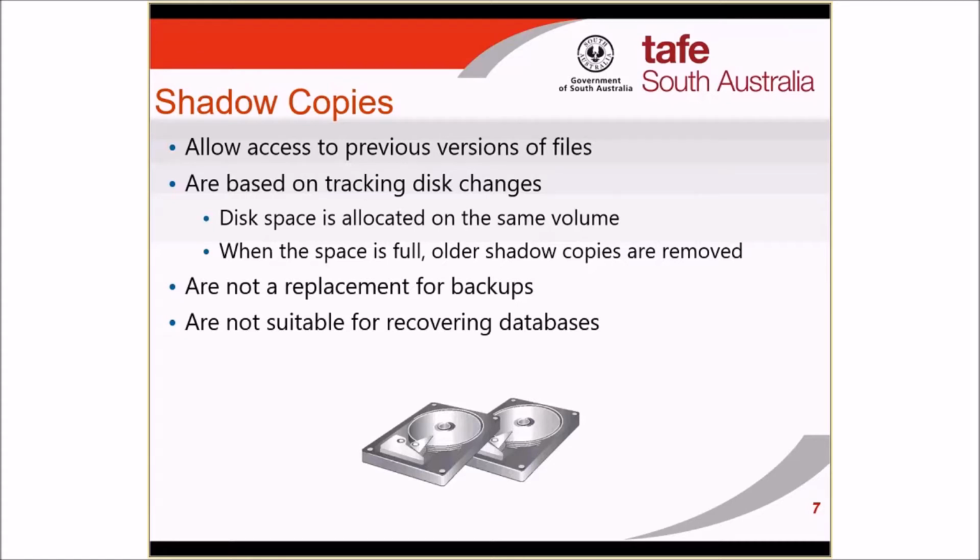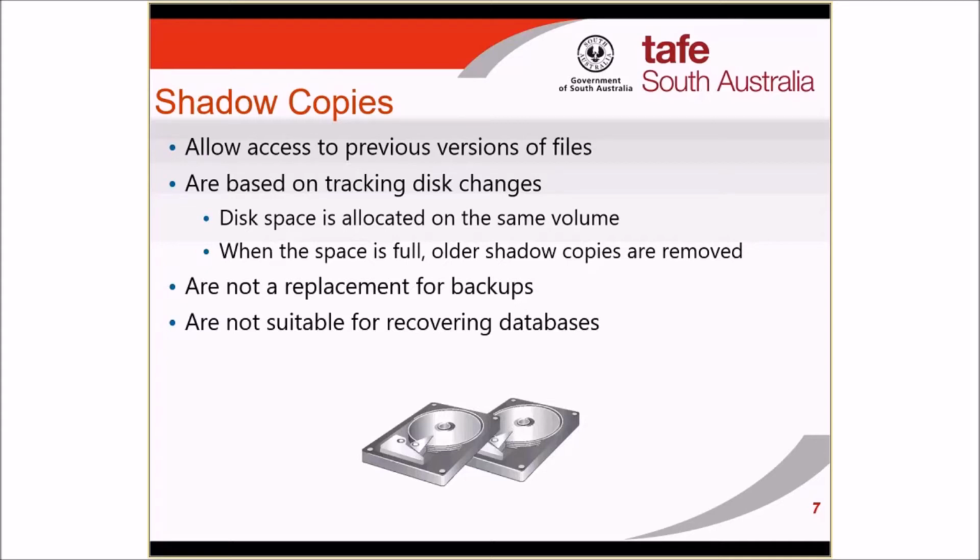So what shadow copy allows us to do, assuming that the shadow copy actually ran between when you had the original file and when you made your changes, is that it actually sort of backs up those files and it tracks changes, which means that I can actually restore a previous version even though I've made changes or modified it.